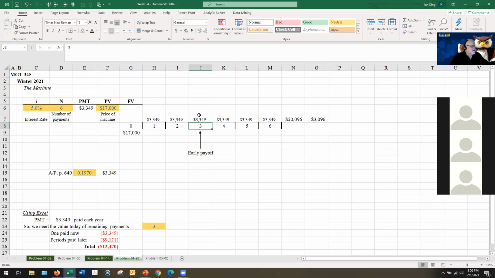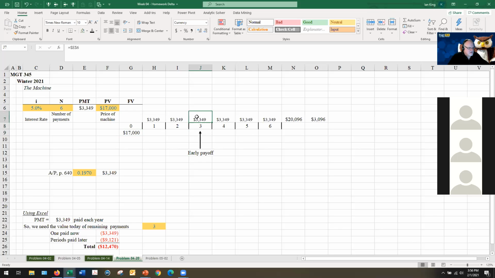The future value at year 3, given the $33.49 payment, wouldn't that be $12,470? If the present value at year 0 is $17,000, the future value at year 3 should be $12,470, which is the answer, right? So couldn't you do that to get your answer?